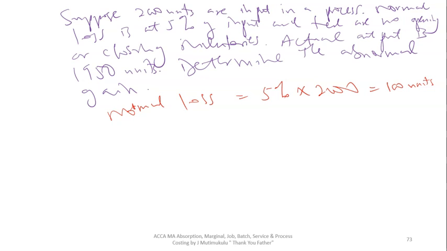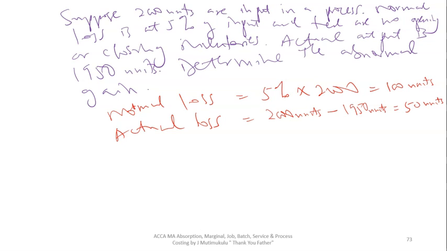And then the actual loss suffered was 2000 units of input minus the actual output 1950 units, and we are talking of 50 units.